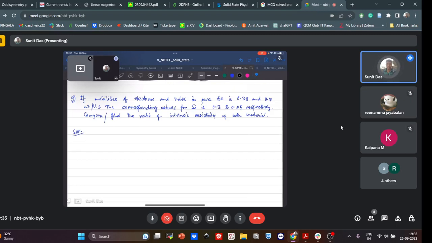So the mobilities for electrons and holes in pure germanium and also pure silicon are given. Now we need to find the ratio of intrinsic resistivity for both the materials.